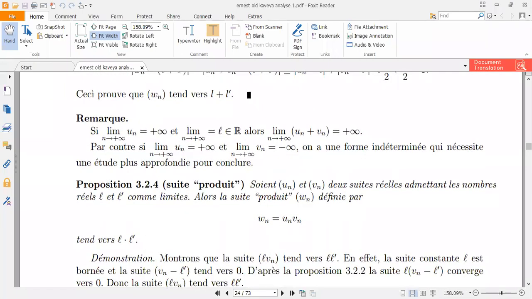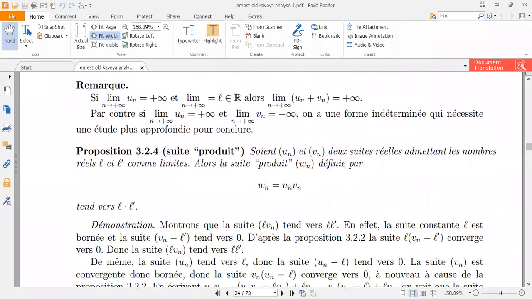So that's for this part here. Then we now have a remark here. It says if the limit as n approaches infinity of Un is equal to positive infinity, and then the limit as n approaches infinity of Vn is equal to L, which is a member of the real numbers.